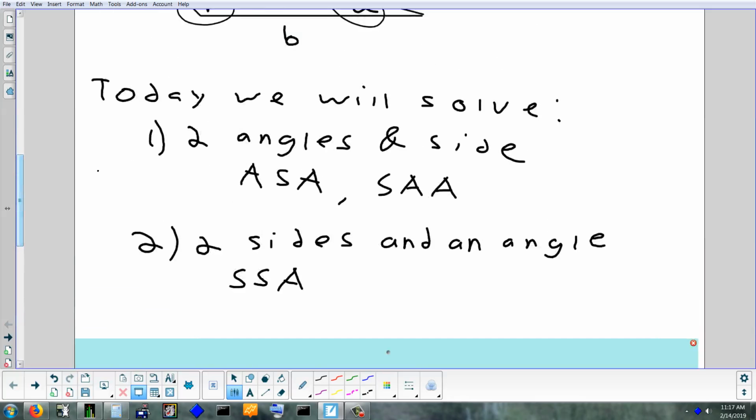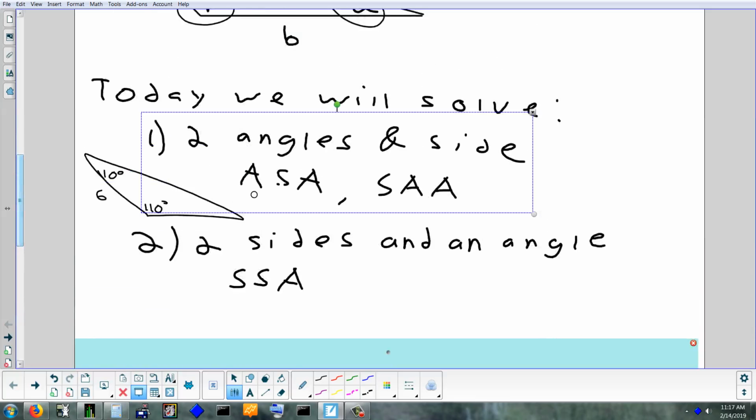You could do something like this. This is an angle, a side, and an angle. Angle, side, angle. What makes it angle, side, angle is the side that you know is between the 2 angles. It's the side that connects them.